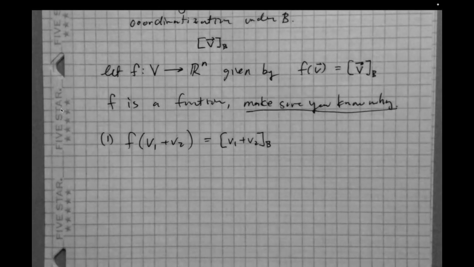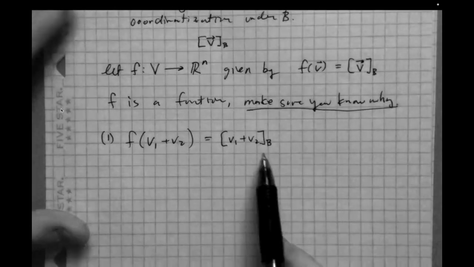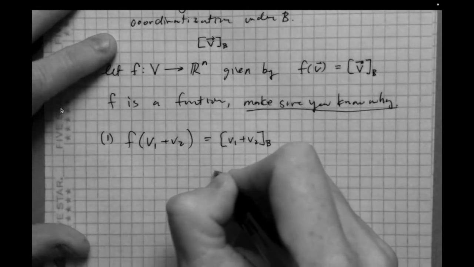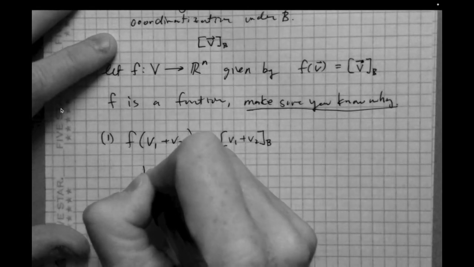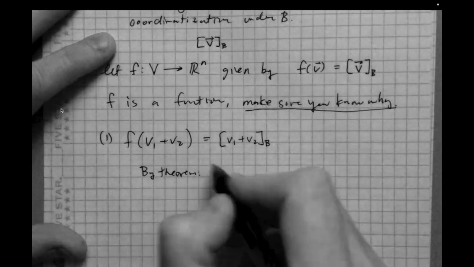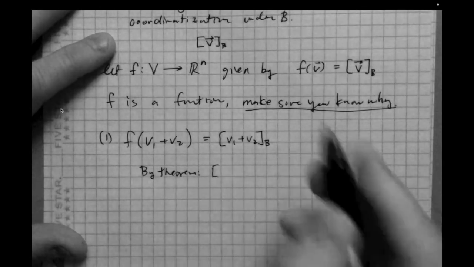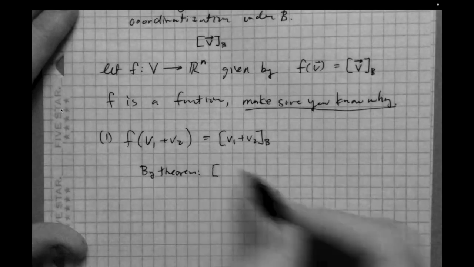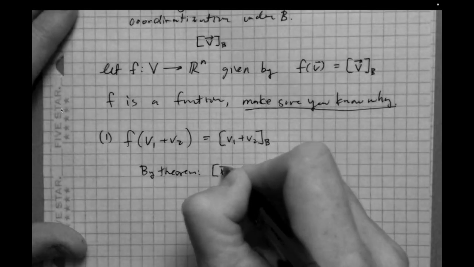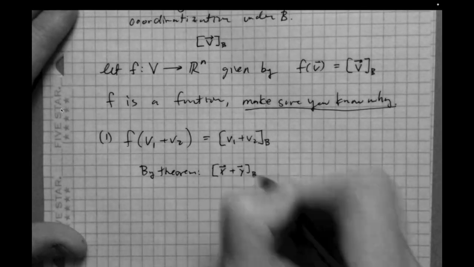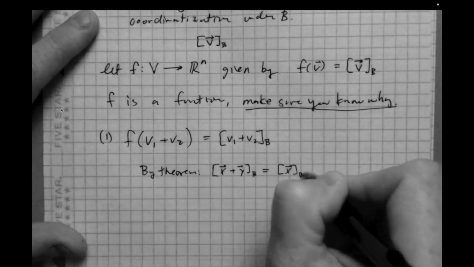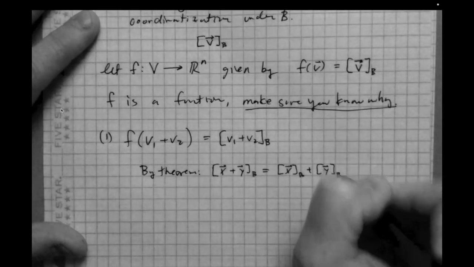Now, we had a theorem when we talked about coordinatization, I believe it was the last lecture. By theorem, and I'll ask you guys to double check and go back and look, when we were talking about the properties of coordinatizations, we were able to prove that if you have a vector x plus a vector y coordinatized on an ordered basis B, that's equal to this, which is exactly what we need.